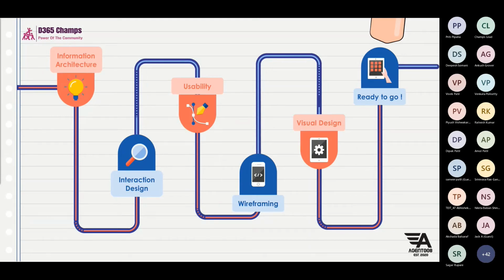Also, visual design. Visual design is how your application will look and how you will visualize your application, especially if your application is for a phone layout or a browser layout. You need to think about it.